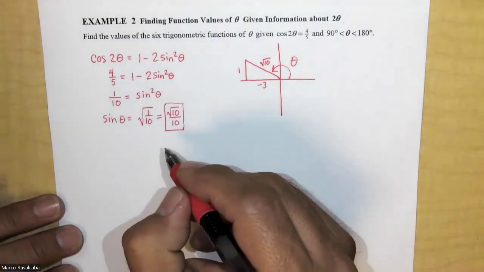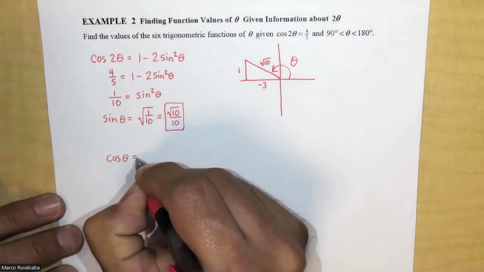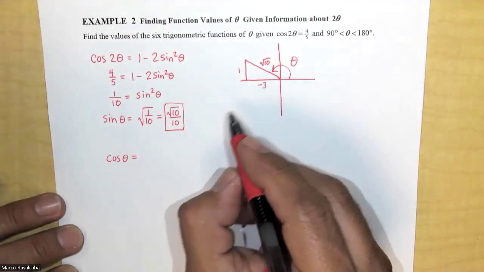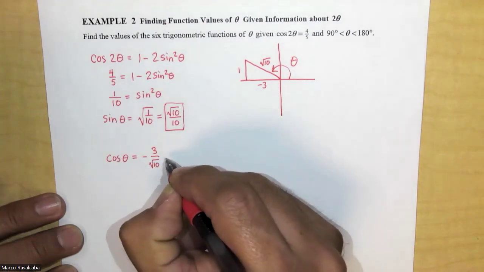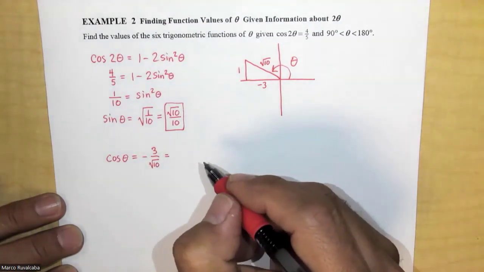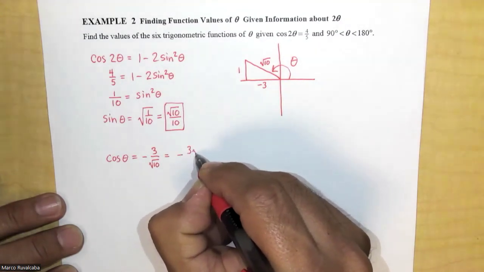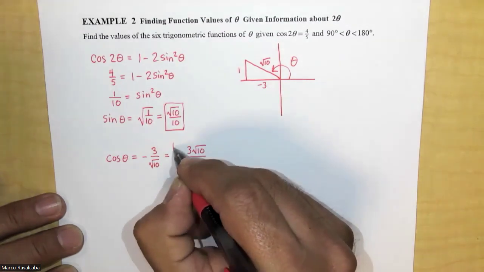So the sine of theta was that, and the cosine of theta then is -3 over the square root of 10. Remember, we cannot leave a square root in the denominator, so we rationalize it to -3 square root of 10 over 10.